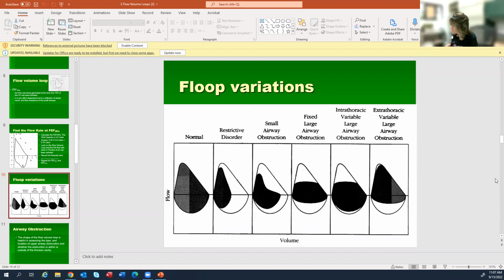And then I can't remember which one you said was like, could be like tumor or something in the main stem or something. I think it was one of the large airway obstructions, but I can't remember which one. Or it could be both technically, can it?